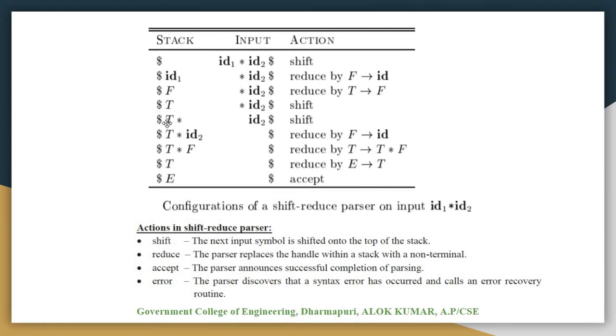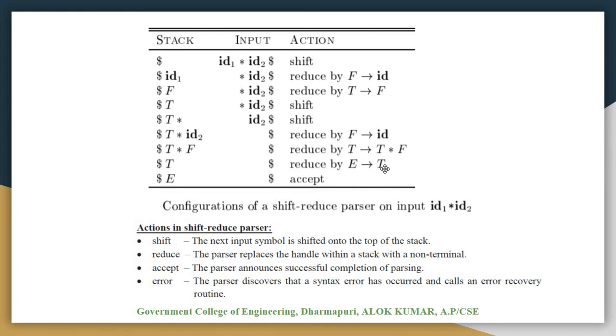Now this id we shift here, so we keep shift. Now this id we replace with F, so here F we are keeping. Now T * F, this we reduce. So here we are doing reducing.